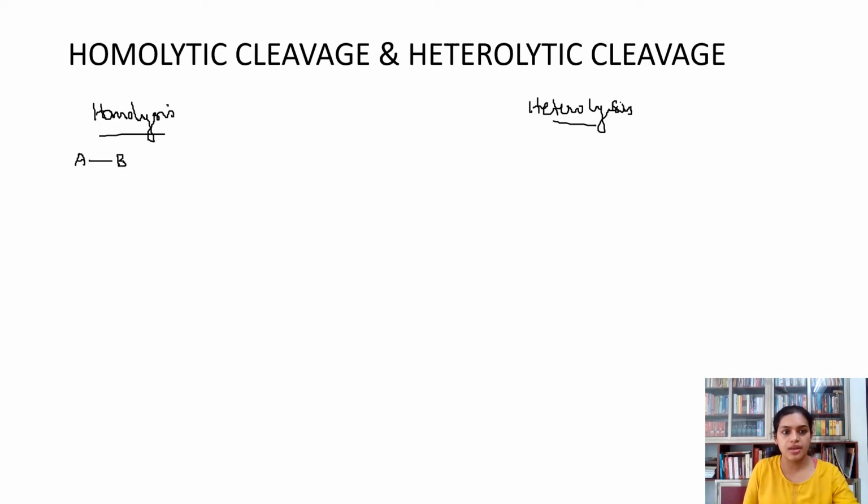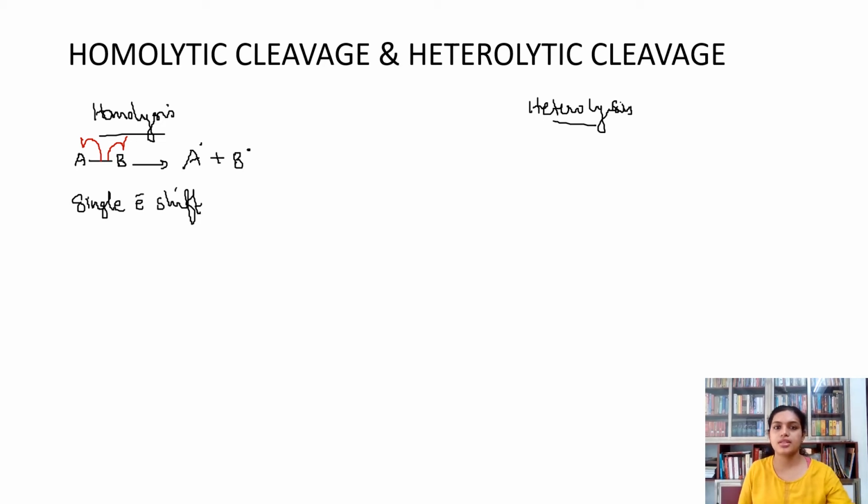A and B gives, with a single electron shift, A dot plus B dot. So in homolysis, single electron shift takes place.